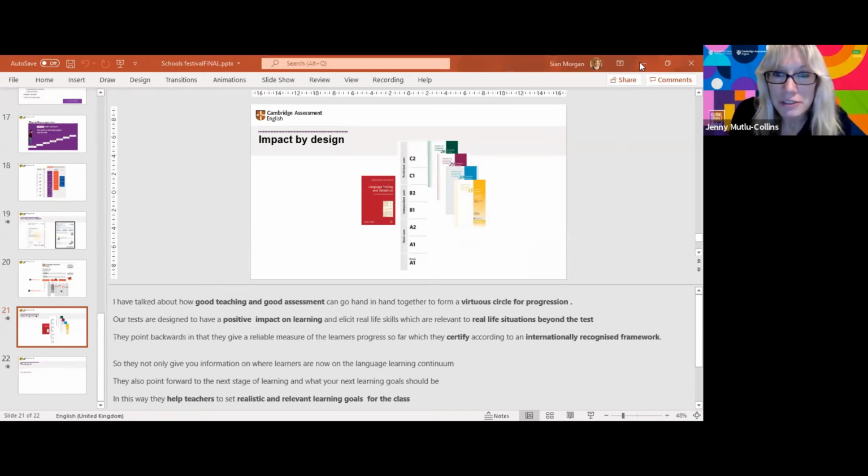We've got a question from Elena. Is B2 First for Schools an academic or general English exam? Well, with exams we have to talk about how they're used. It's a general exam, and the tasks are not academic tasks, but it does assess English at a fairly competent level.